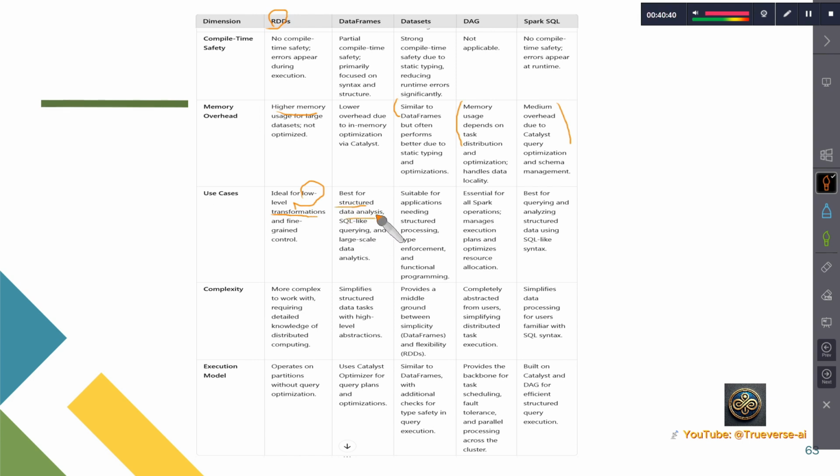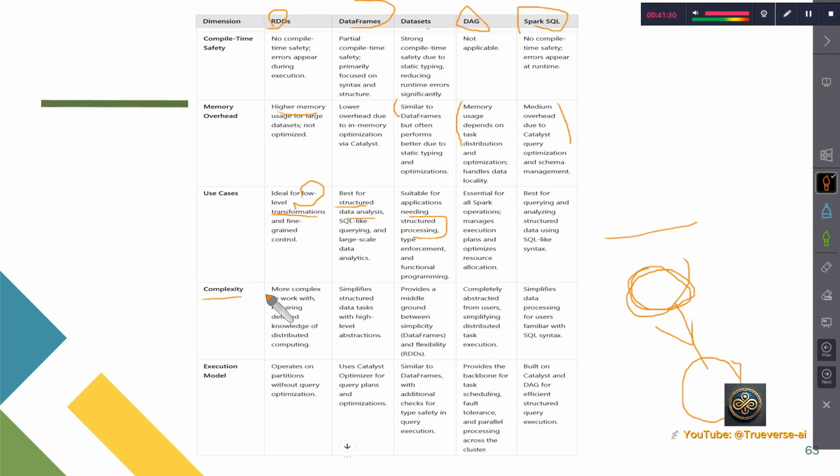So in that case, DataFrame and Spark SQL are good, and this is suitable for applications needing structured processing. And DAG is essential for all Spark operations, managing execution. So the use case of DAG is when we want to analyze any operation which is a node, and then the connection between two operations and to know the direction. So this is the use case.